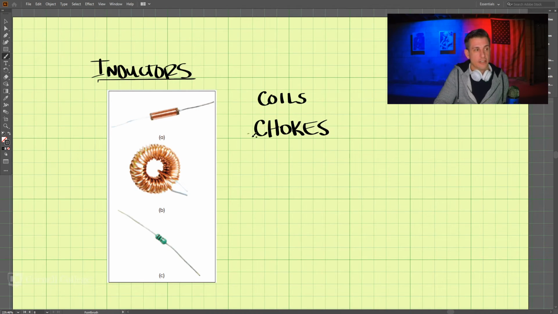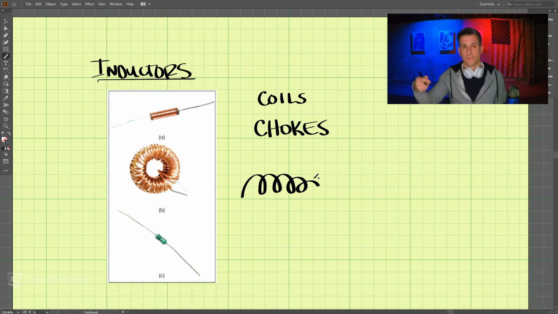Both names for inductors. Coils because it is a coil, and also chokes, like I'm choking. So they're called both coils and chokes, and this is what they look like.